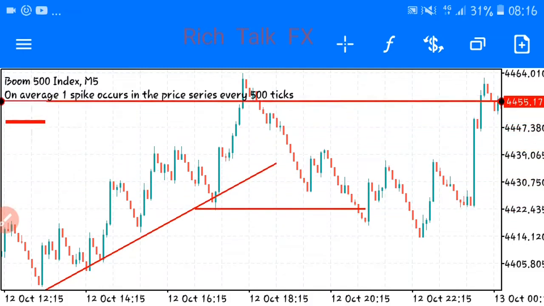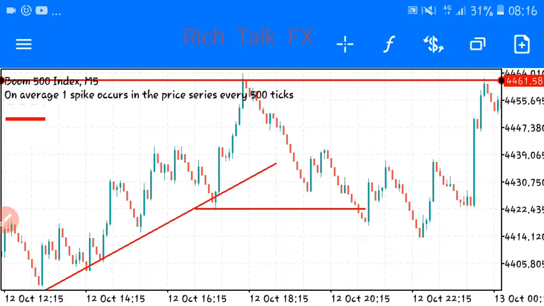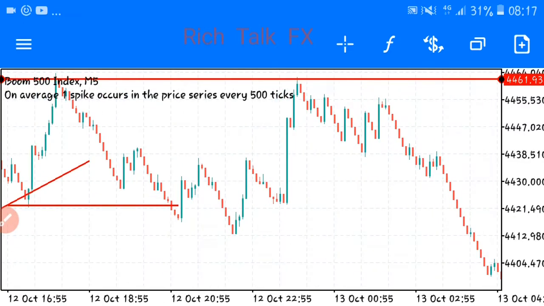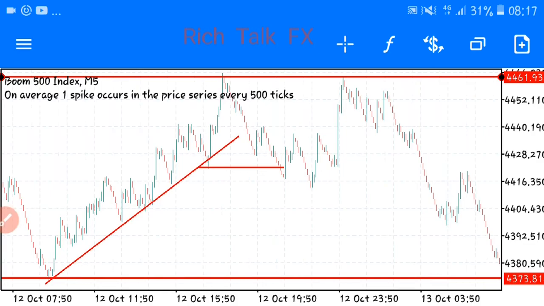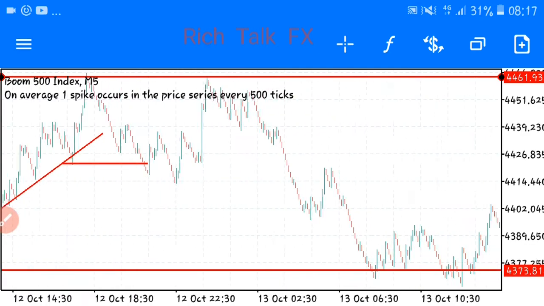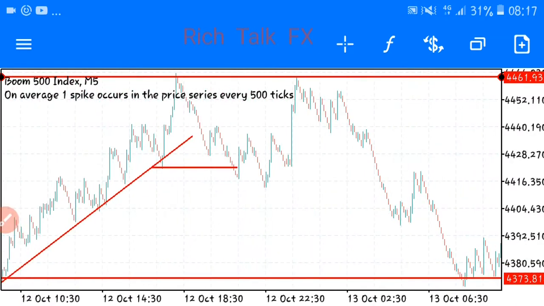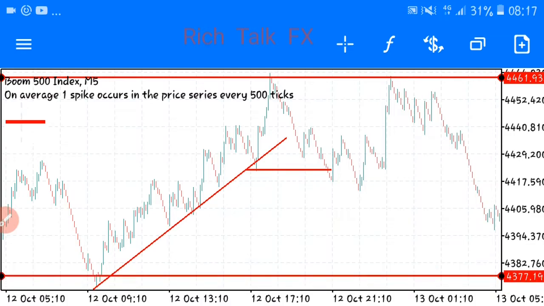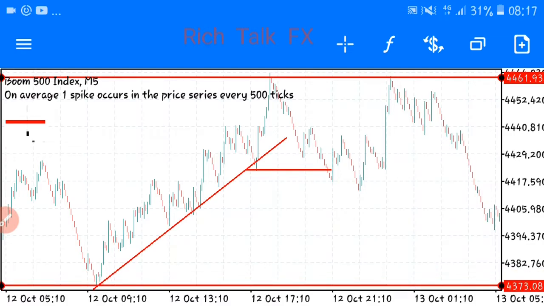Are you with me, guys? So you mark this point. You can either put your sell stop or enter aggressively, because the market is going to come back there and then push down. So where should your take profit be? This should be just a simple strategy. Your take profit comes at the beginning of this trend line, somewhere here, guys.